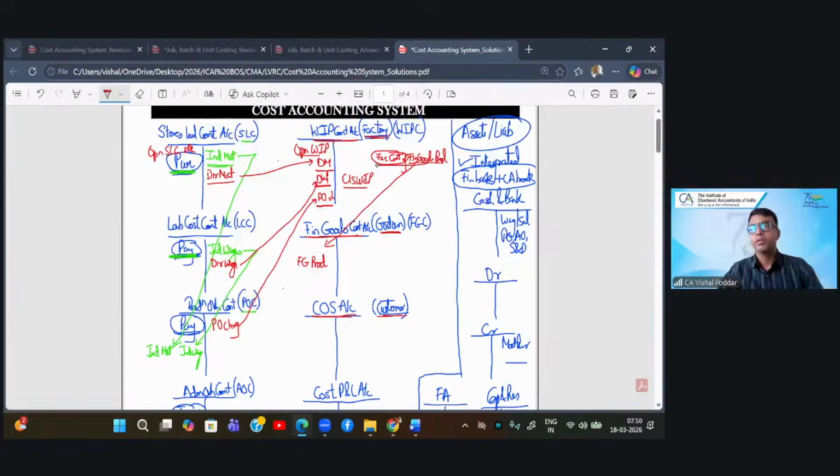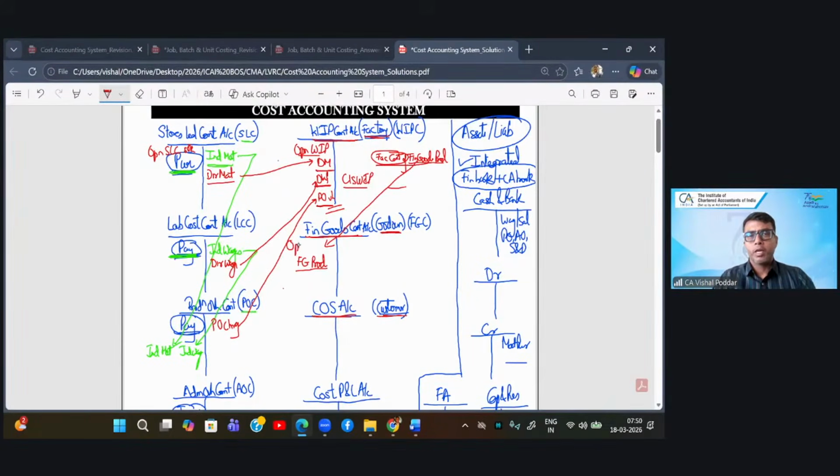So it should be transferred from your factory account to your godown account. Factory account means from WIP to godown. Now, after creating this, whatever is the balance will be your closing WIP and this account will get closed. Correct? Is this clear, students?